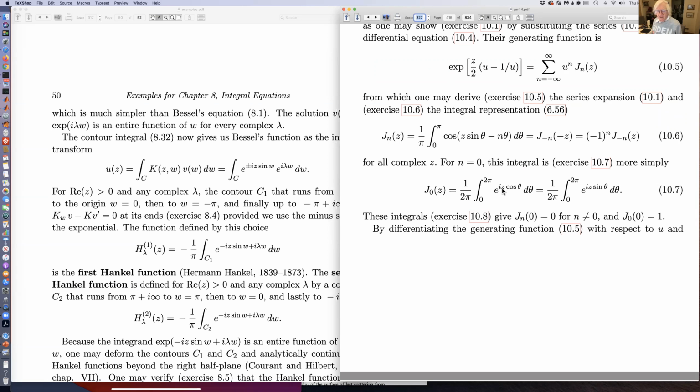Oh, I'm sorry, that's J. Here we've got, well, up here, what we've got is that Jn of 0 then is just cosine of n theta integrated from 0 to pi. And for n not equal to 0, that's an integral.